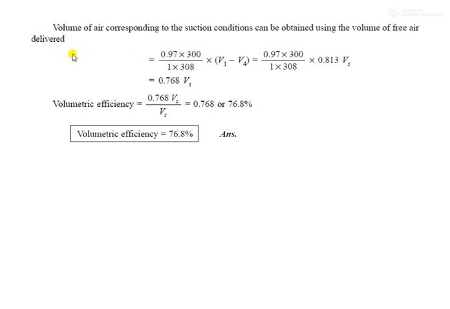So you can simply use the relation P1 V1 by T1 equal to P2 V2 by T2 to find out this volume of air delivered. The volume of air corresponding to the suction conditions can be obtained using the volume of free air delivered. So it has been converted into the actual conditions.